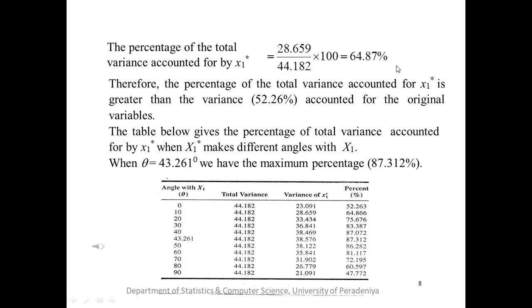By considering different angles we calculate the variance of x1 star and the respective percentages. We can note that when theta increases the variance of x1 star and the respective percentage increases up to a certain level and then decreases. When theta equals 43.261 degrees we have the maximum variance and percentage.